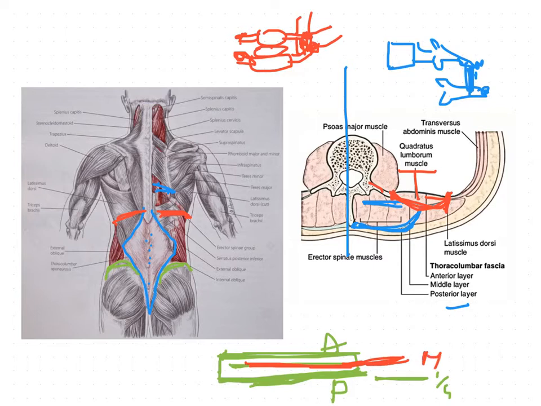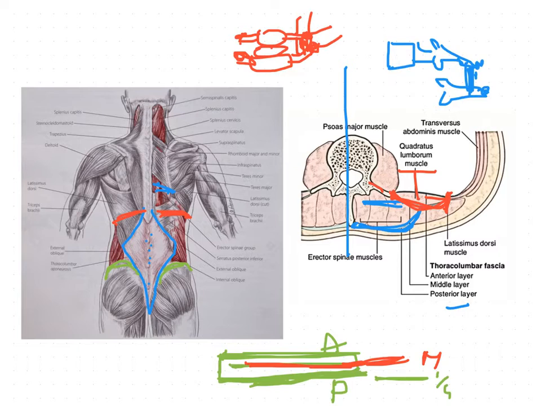Now coming to the anterior layer. In the anterior layer, medially it is attached to the vertical ridges on the anterior surface of the lumbar transverse processes.